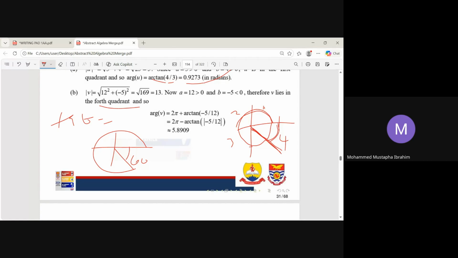I subtracted 60 from 360. That is all. That is what we have done here. Look at that. This 2 pi is 360. Are you okay? And we need what is here. So we take that one and subtract it from 360, and we are going to get our answer. That is it.